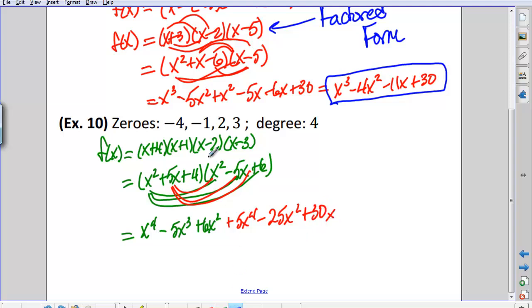And then one more time with the 4. So plus 4x squared minus 20x plus 24. And combining all the like terms together.